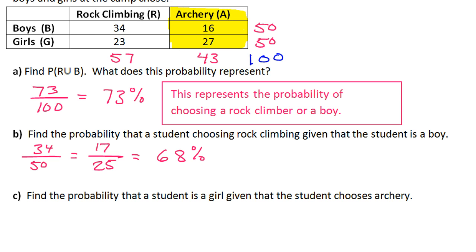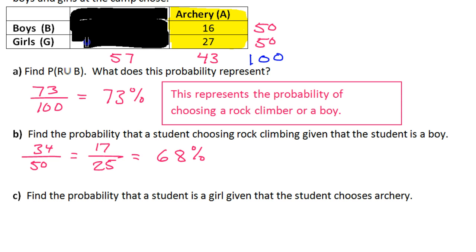Everything else, forget about it. We can forget about rock climbers. They do not exist for the purposes of this exercise. Only archers.